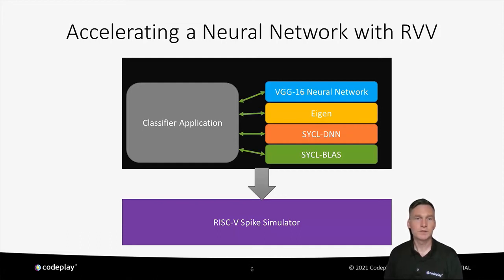By using the SYCL-DNN library, it's possible to call various neural network operations like convolution, softmax, and maxpool. SYCL-DNN provides accelerated kernels for each of these operations, and in turn uses tensor operations from Eigen, an open source linear algebra library also used by the TensorFlow framework. These operations can offload work to the cores of a RISC-V processor supporting the RISC-V extension.